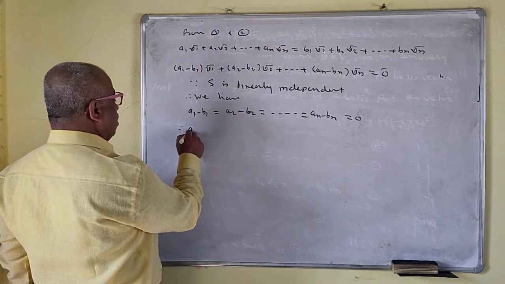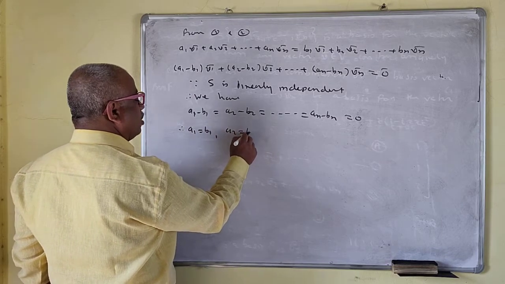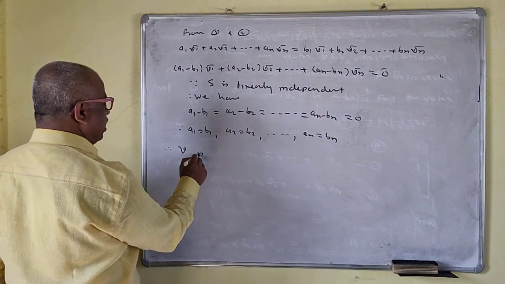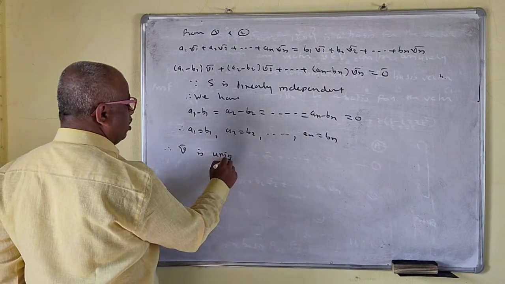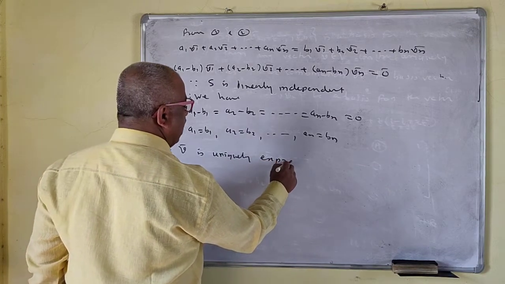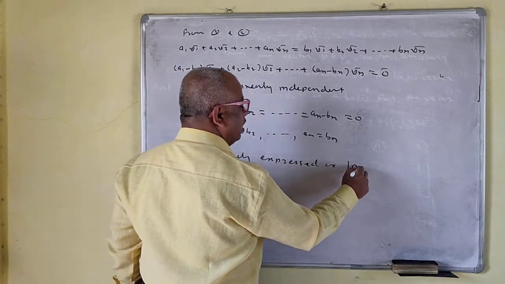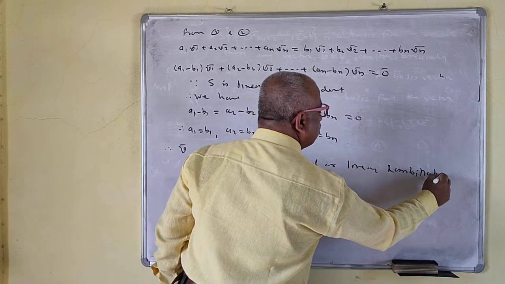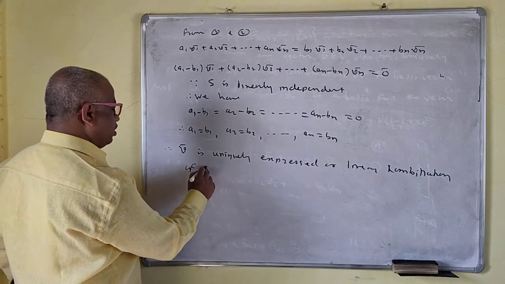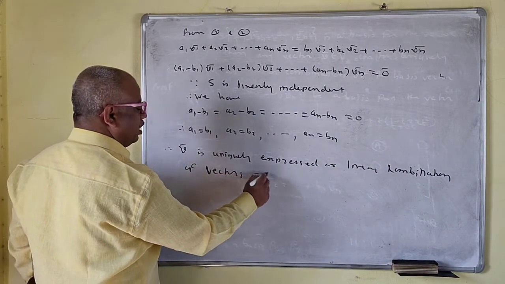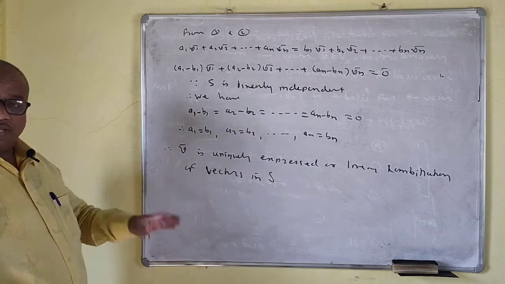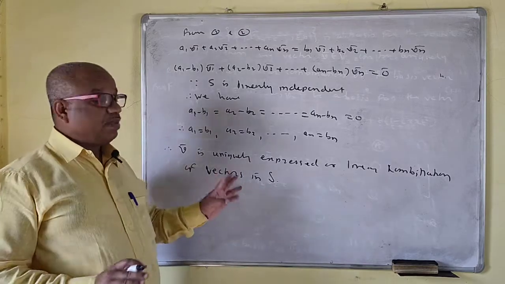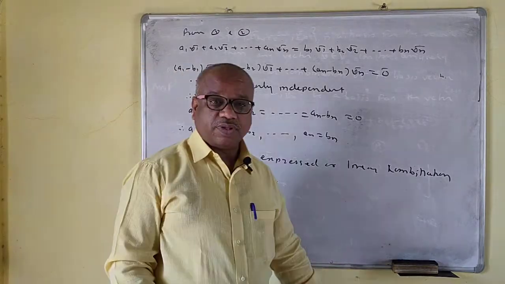Therefore A1 equals B1, A2 equals B2, ..., An equals Bn. So V bar is uniquely expressed as a linear combination of vectors in S. If S is a basis, then any vector of V can be uniquely expressed as a linear combination of the vectors in S.